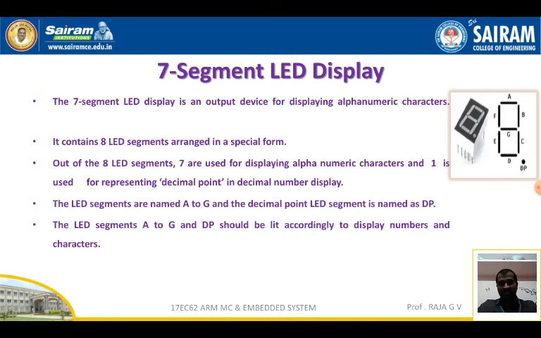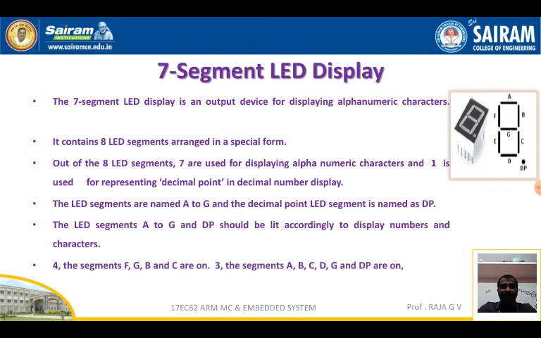The LED segments are named A, B, C, D, E, F and G, and the decimal point LED is named DP, and should be lit accordingly to display the numbers and characters.